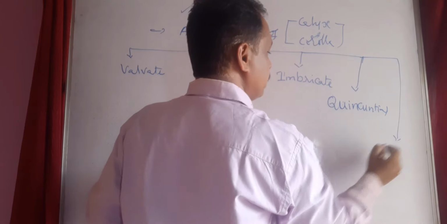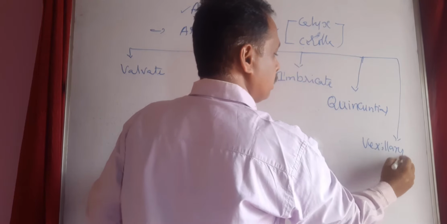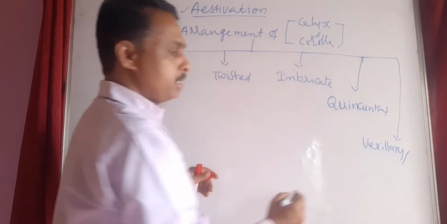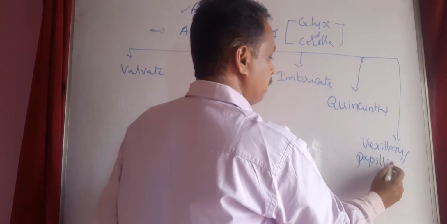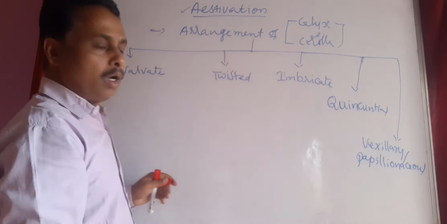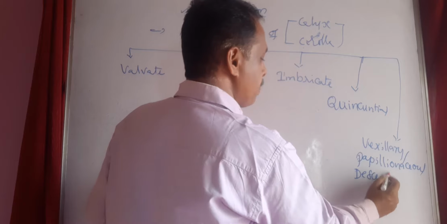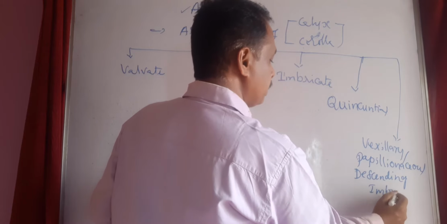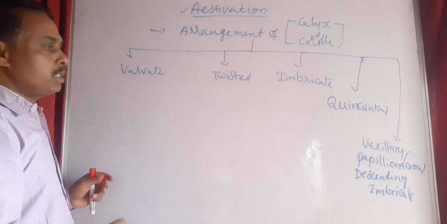And the last one is vexillary aestivation, otherwise called papilionaceous aestivation, or descending imbricate aestivation. So these are the different types of aestivation we have.